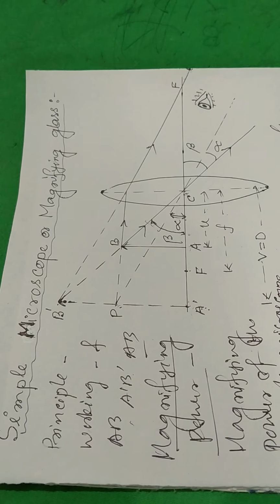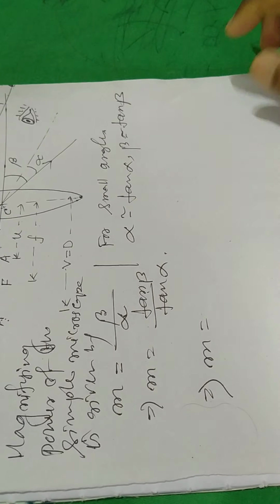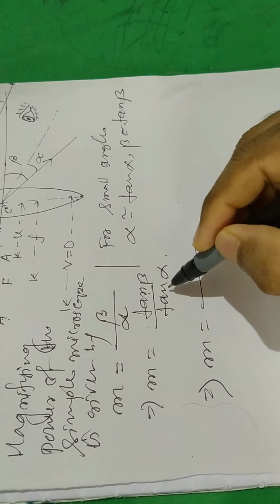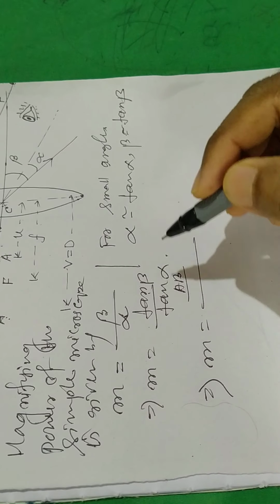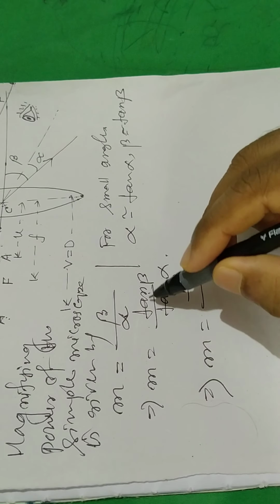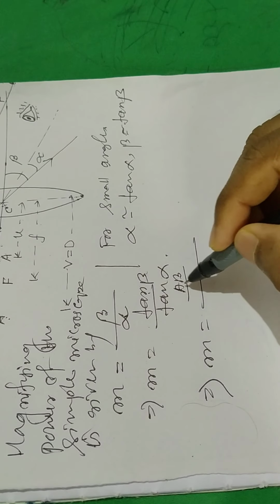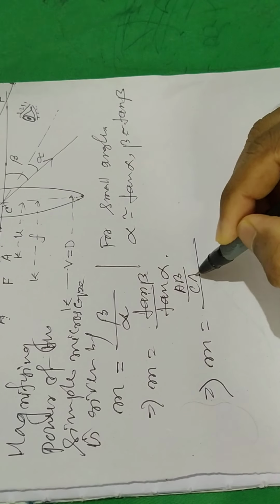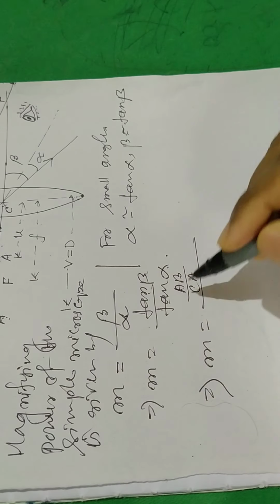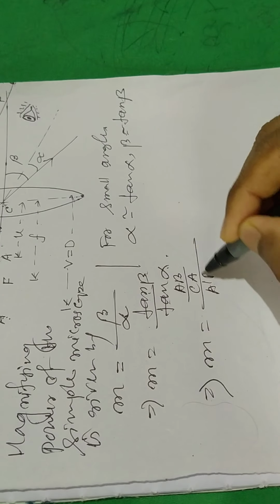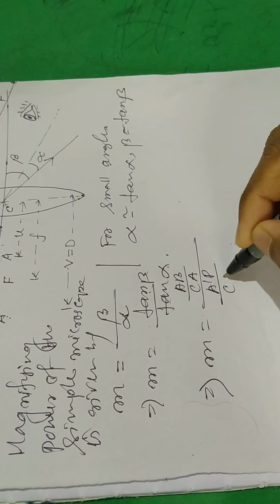Let us put these values: tan beta equal to AB by CA and tan alpha equal to A dash P by C A dash.